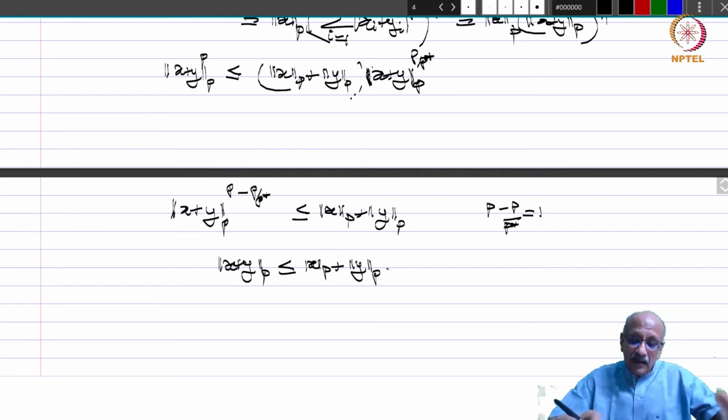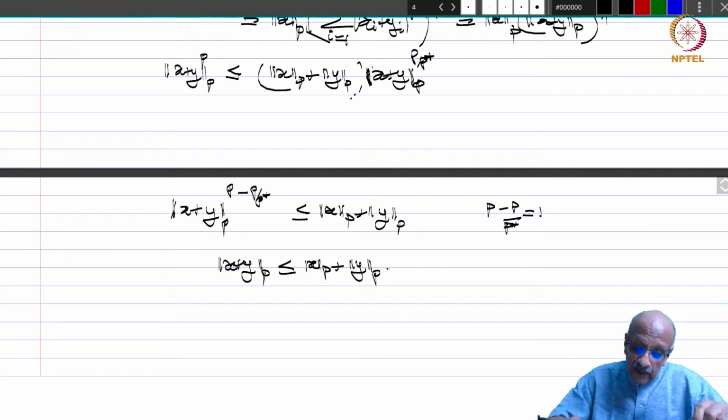And therefore they are all norms. And we also saw that since Cauchy sequence means component-wise, coordinate-wise Cauchy, by the completeness of R, we also get the completeness of R^n for each of these norms. The case of norm infinity is easier than all of this, so I will leave it as an exercise for you to do. Okay.